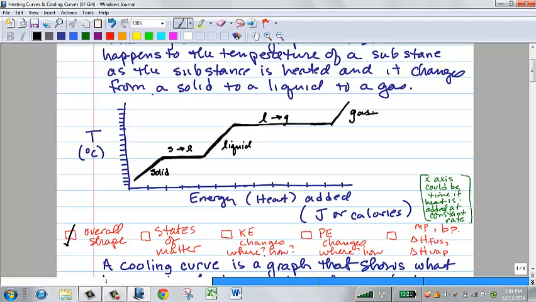The flat portions of the curve represent changes of state. In a solid, the molecules are arranged in a regular pattern, held firmly in place by strong molecular attraction.